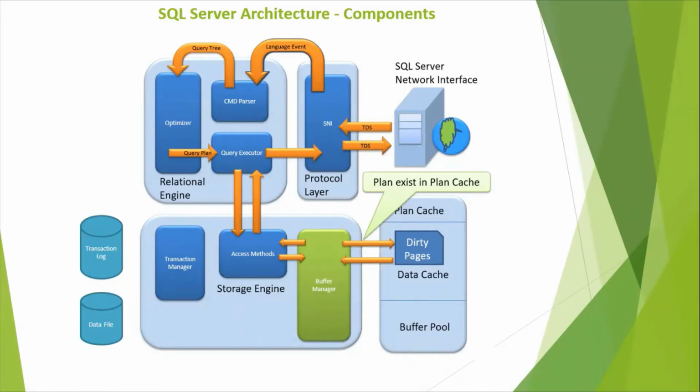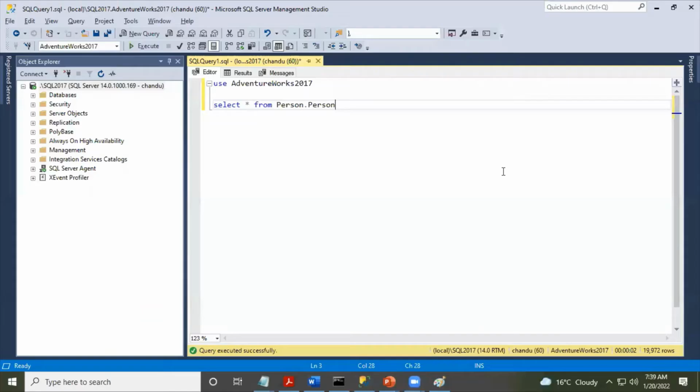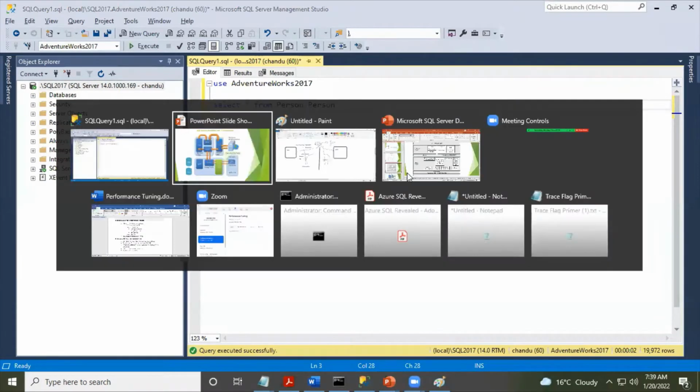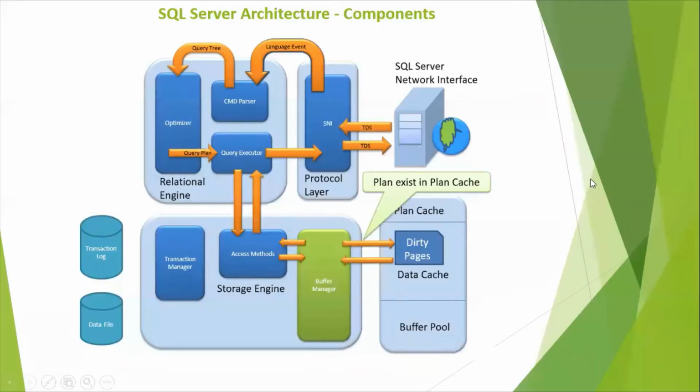SSMS can be on a different server, so consider SSMS just a user interface on a different computer, a client. That select query will be converted into a TDS packet, a tabular data stream packet. As I said, it contains data types, columns, and table information, and that will be wrapped.